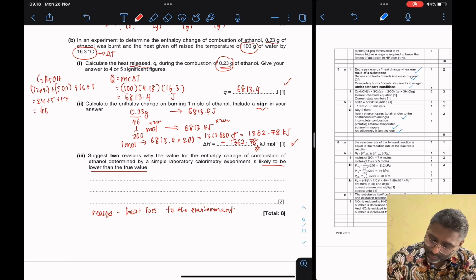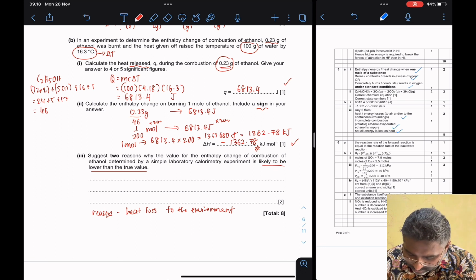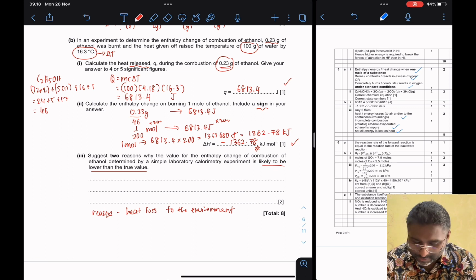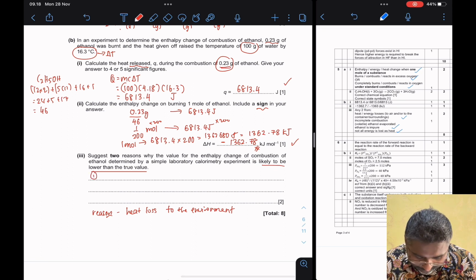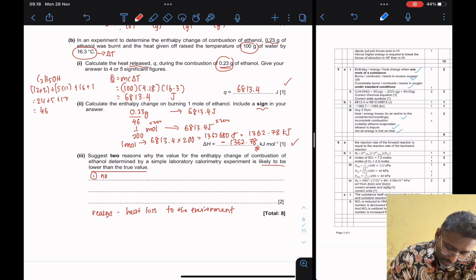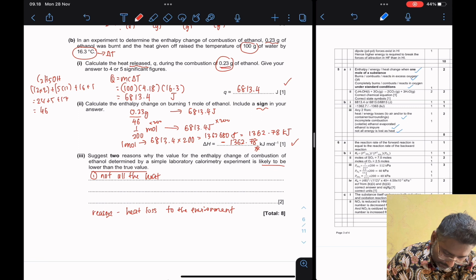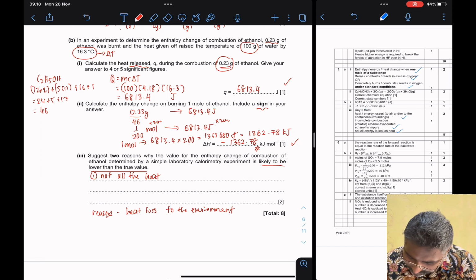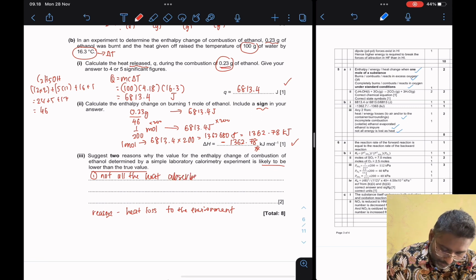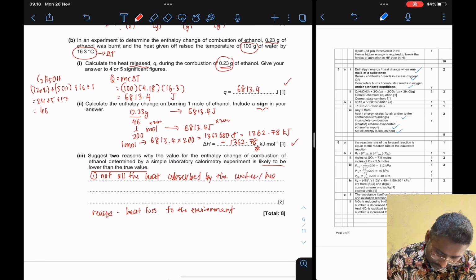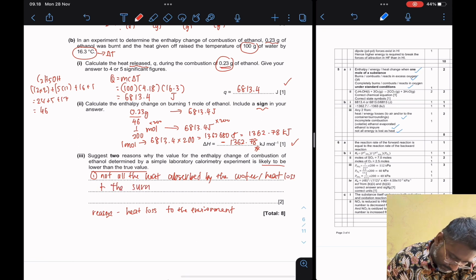Or they say that ethanol may be evaporated, because it is volatile, and the ethanol is impure. So one reason: not all the heat is absorbed by the water, or you can answer there is heat loss to the surrounding.